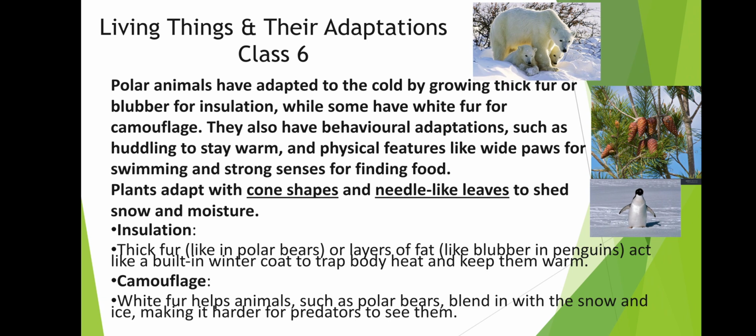Plants adapt with cone shapes and needle-like leaves to shed snow and moisture. You can see here a pine tree with all those small things which are not actually fruits, they are the cones which do the function of reproduction.